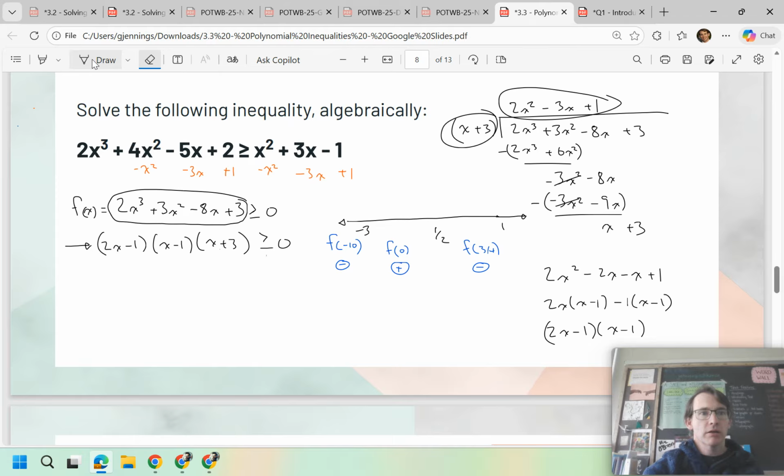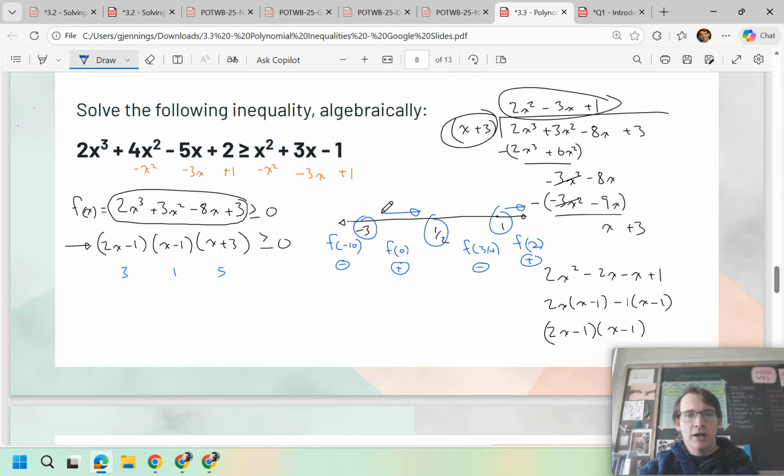And then after 1, let's test f at 2. 2 is fine. So f at 2 we'll test. 4 minus 1 is 3. 2 minus 1 is 1. 2 plus 3 is 5. We're positive times a positive times a positive, so we're positive there. Great. So our values where this thing is greater than or equal to 0 are between here and here inclusive and after there.